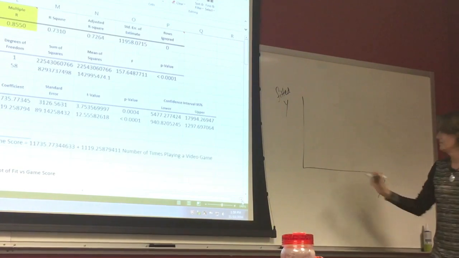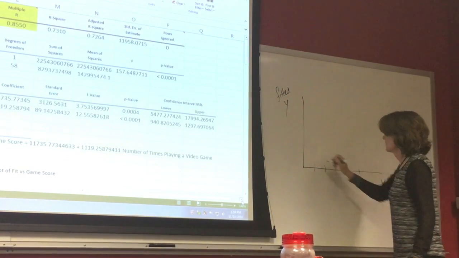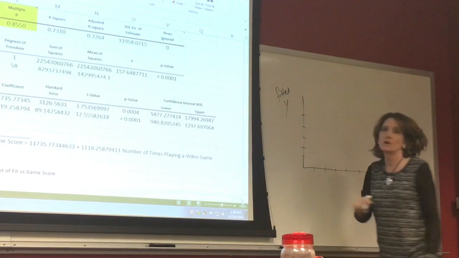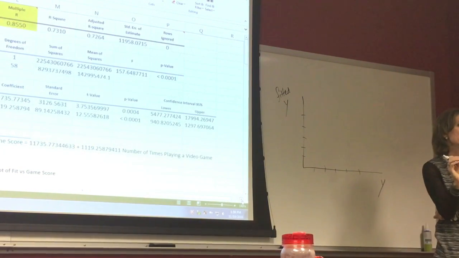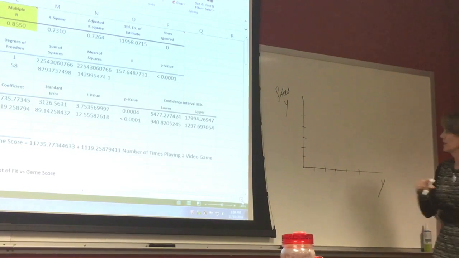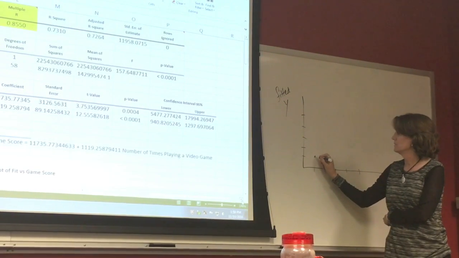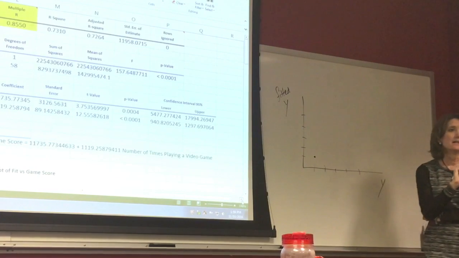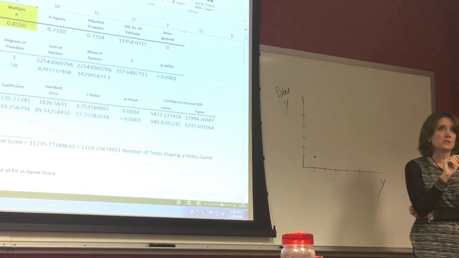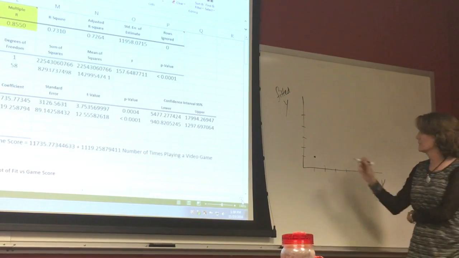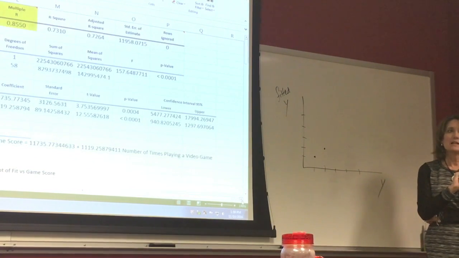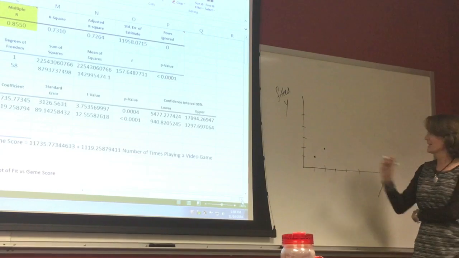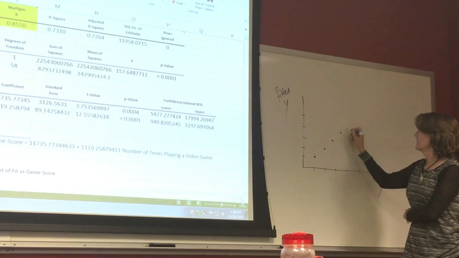All right, so here, let's say your Y value was 1, and you predicted it would be 1. That'd be awesome. 1, 1. Okay. Let's say your actual Y was 2, and you predicted it would be 2. You see where I'm going with this? Your actual Y was 3, and you predicted it would be 3, and then 4, and then 5.